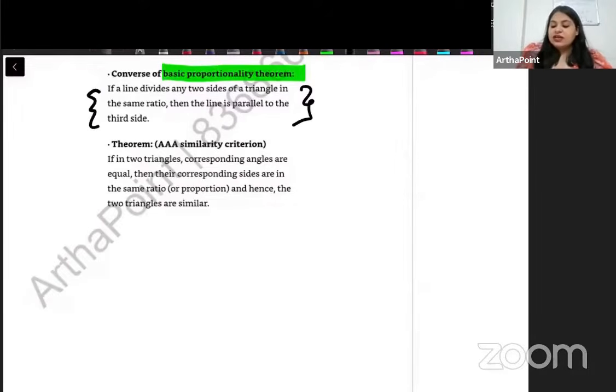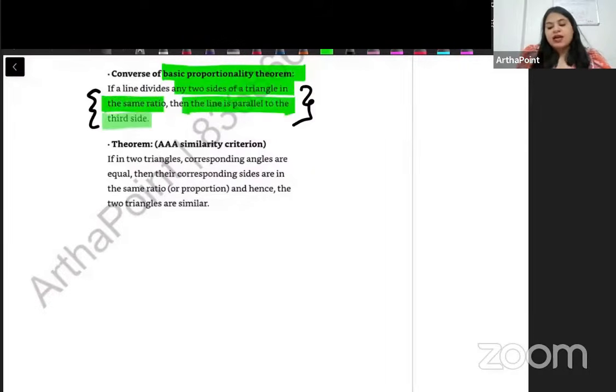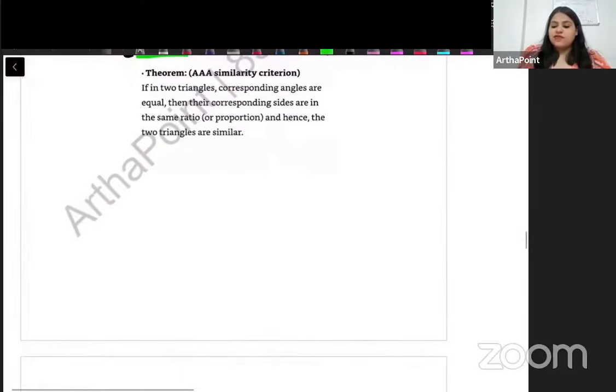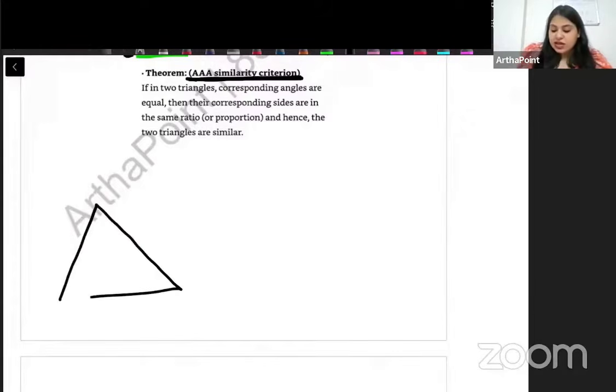If a line divides two sides of a triangle in the same ratio, then the line is said to be parallel to the third side. We have done this. Now we come to the next theorem, beta, which is known as the AAA similarity criteria. It says that if there are two triangles such that the corresponding angles are equal to each other.